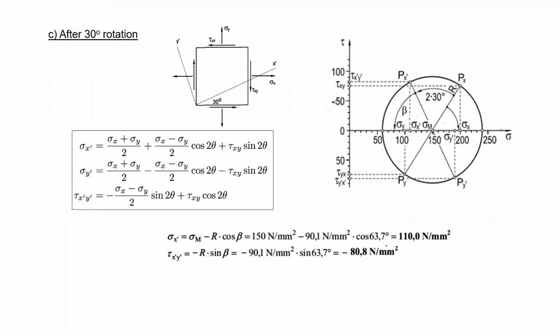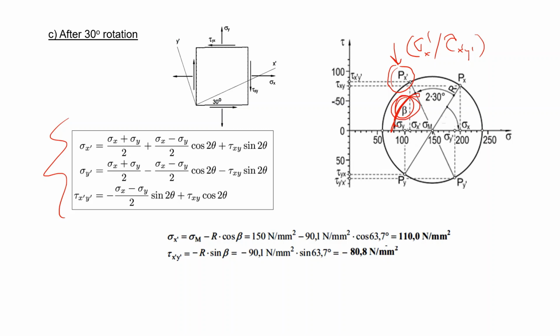Now I need to determine the stresses in the new orientation. Well, these are the coordinates of this point, sigma x prime and tau x prime y prime. So you can, as we said, use these relations, or you can determine this angle beta.